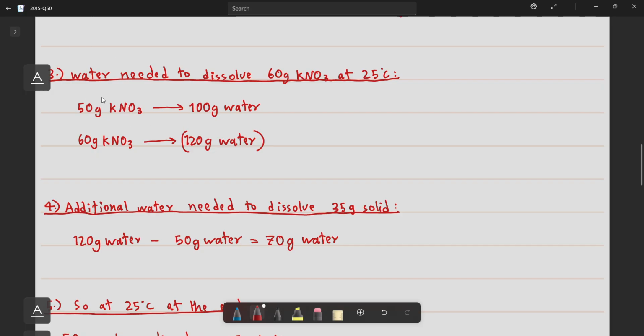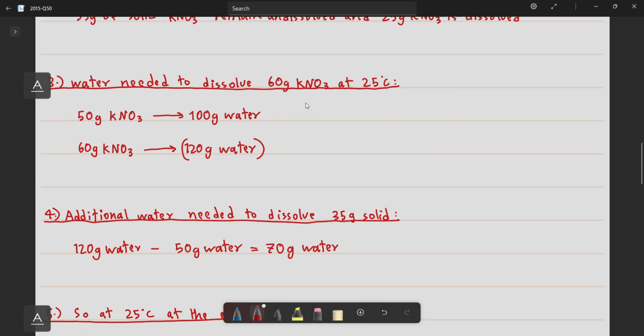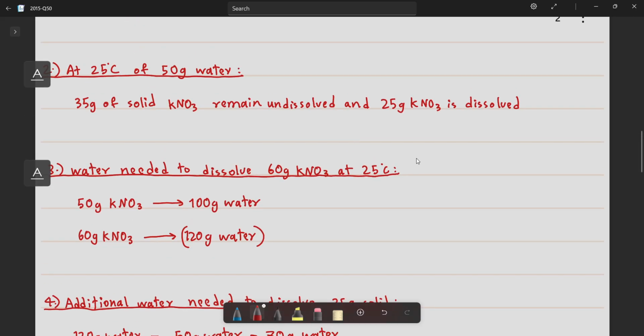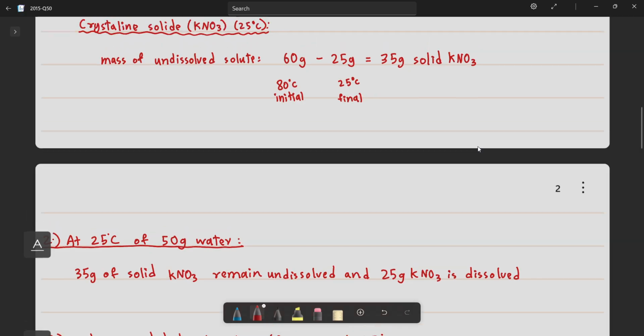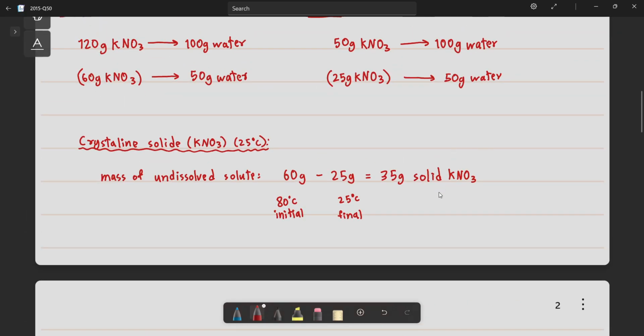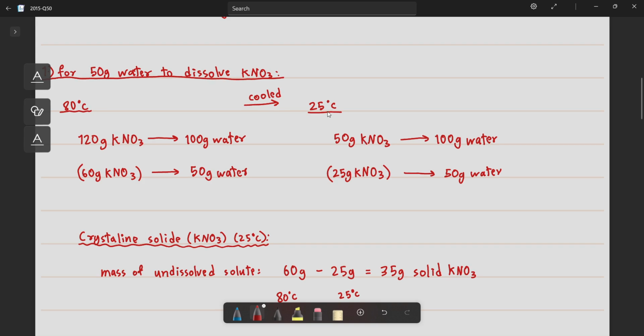So in this third step, where we had to find out the water needed to dissolve 60 gram of potassium nitrate, rather than finding the amount to dissolve the 60 gram at 25 degrees Celsius, you've already found out that when there's a decrease in temperature, some amount of solute will remain undissolved in the given amount of water. As we know, we cooled from 80 degrees Celsius to 25 degrees Celsius, and the amount of water was the same.